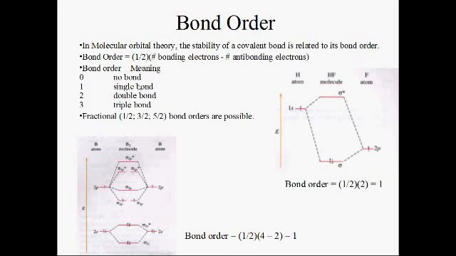So if our bond order comes out to be 0, it's no bond, the molecule will fall apart. Our bond order can be fractional: 1/2, 1, 3/2, 2, 5/2, 3, and so on. So fractional bond orders are acceptable. If we have a positive bond order, we have a stable molecule. A 0 bond order would not be stable and would fall apart.